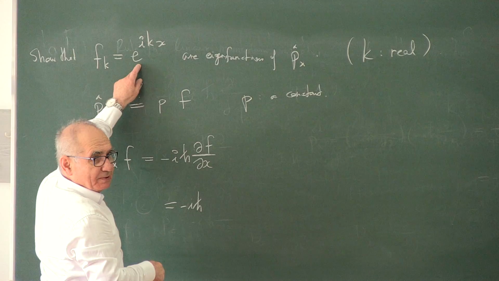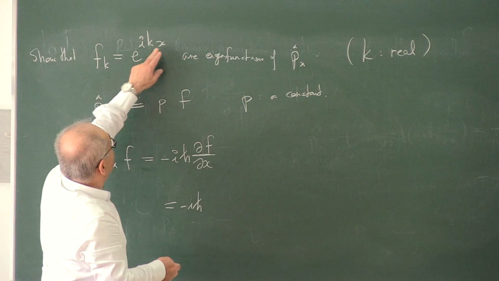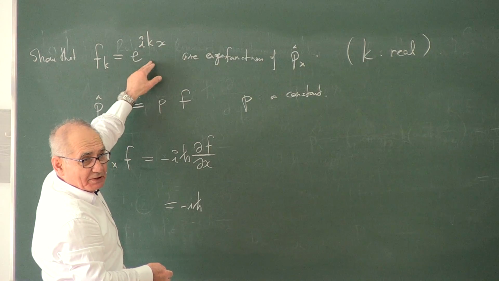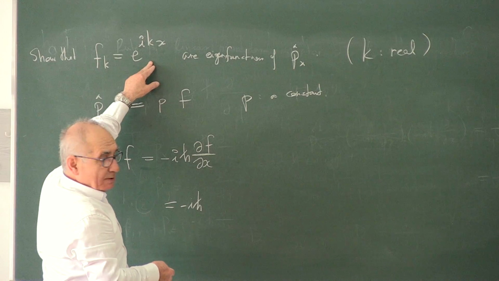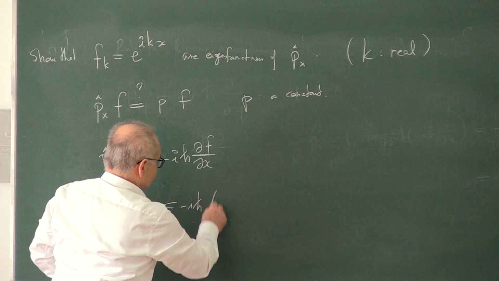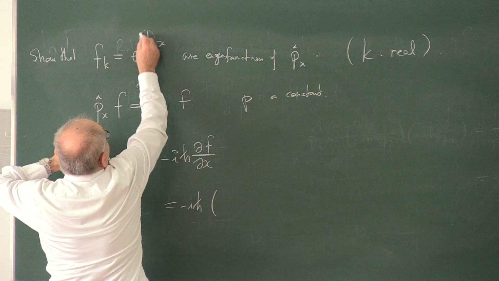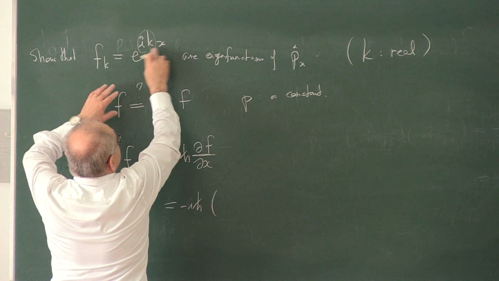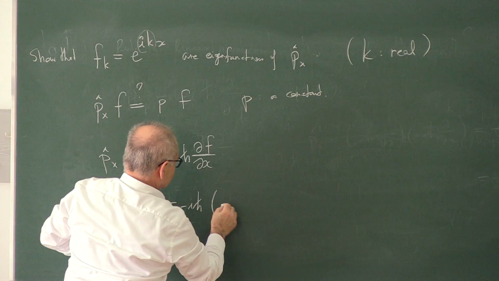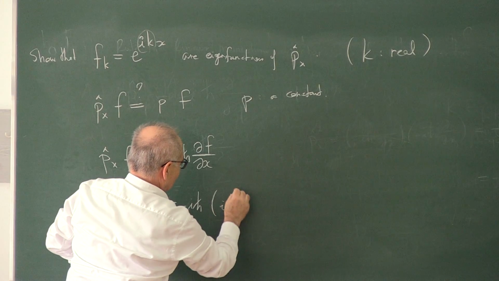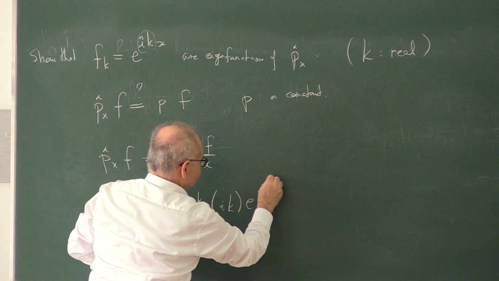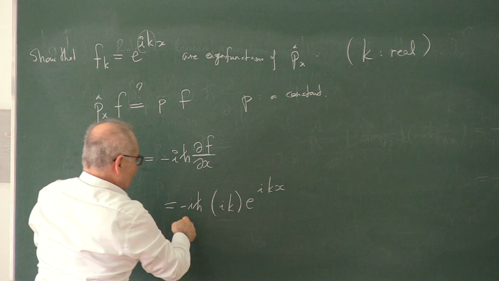Here is the x variable and the first derivative of it gives the constant which multiplies x, times the same function.